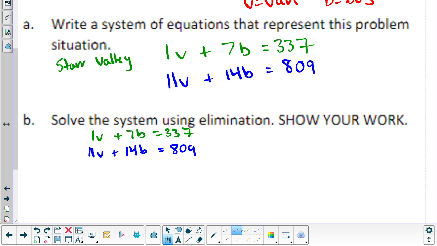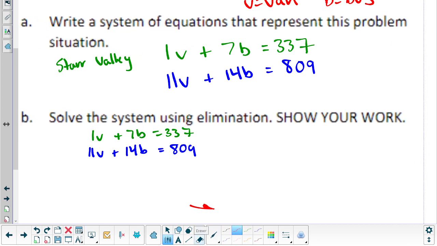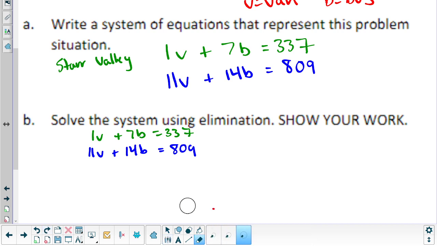what you can do is realize that the b's, the buses, can cancel one another kind of. I can turn 7b into the opposite of 14b if I multiply both sides by -2. That's what I'm going to do.